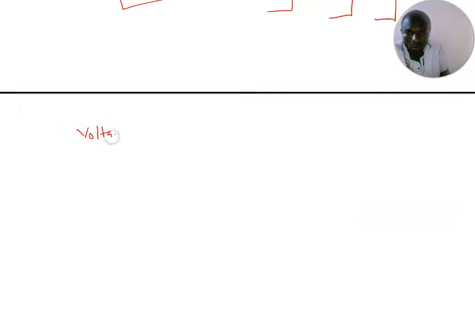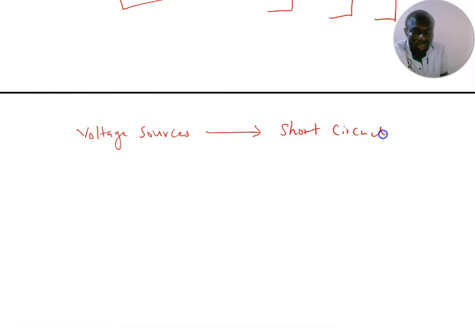So voltage sources are replaced with what? A short circuit. And current sources are replaced with what? An open circuit.